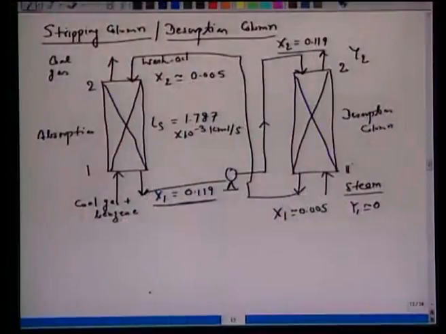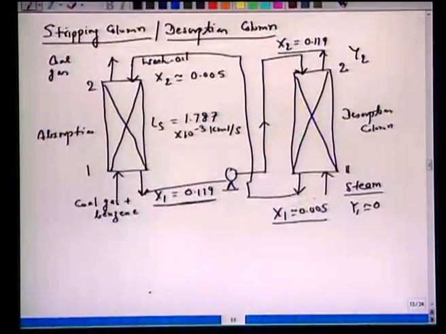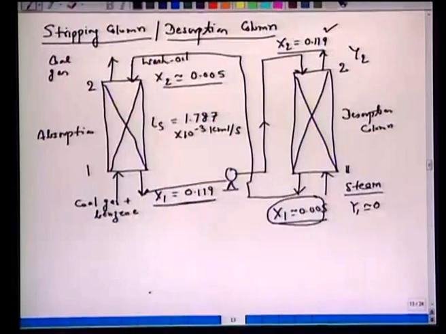This is 1, this is 2, X1 is 0.005. Note that this composition is the same as this composition. And here we have X2 0.119, which is the same as x1 equal to 0.119. It's a pure stream, Y1 equal to 0.01. Sorry, here it should be small x1.